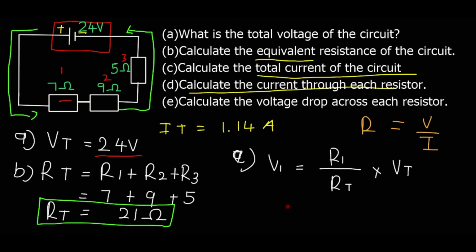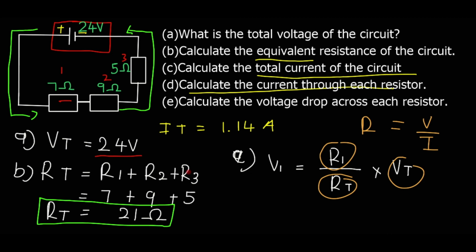So you take the same thing, use the voltage divider rule, and substitute your value of R1 which is 7, your R total is 21, and your V total is 24. So 7 divided by 21 times 24 gives 8, and our answer for V1 we got was 7.98. It is the same thing, the difference is due to rounding off. So 7.98 and 8 are approximately the same.